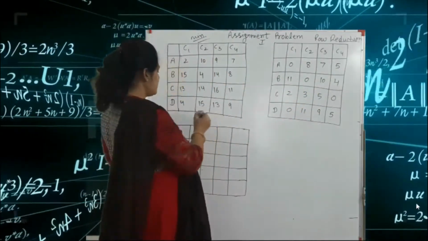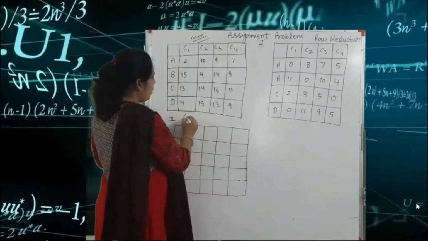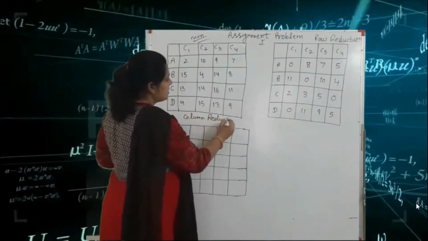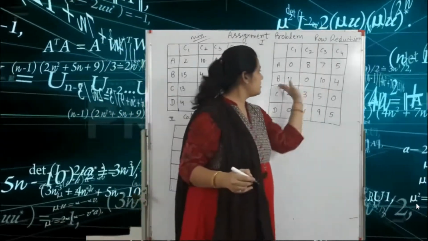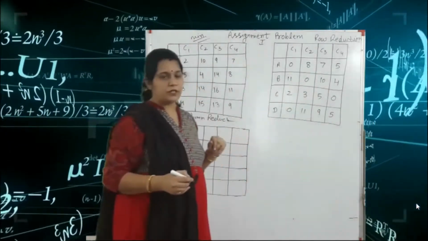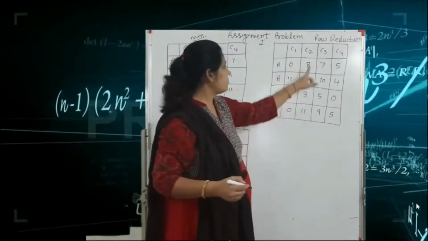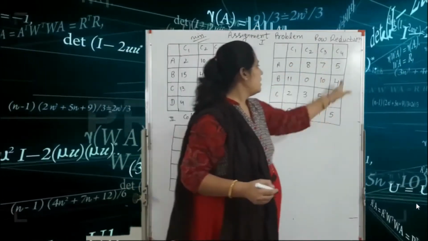The second step is column reduction. What does column reduction mean? Every row now includes a zero, so we check whether every column already has a zero. Here is a zero, here is a zero, there is no zero, and here is a zero.